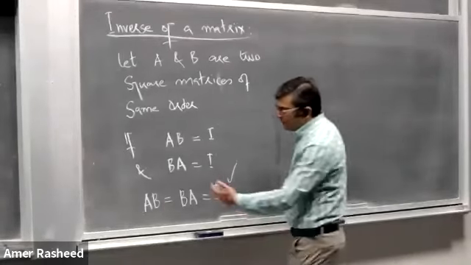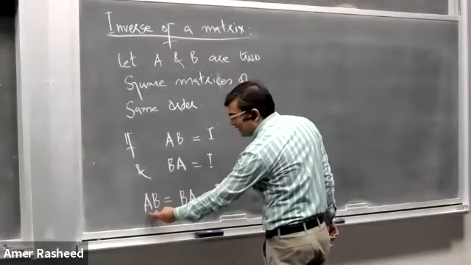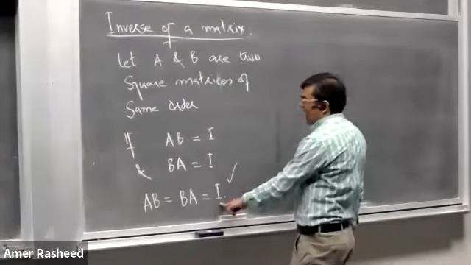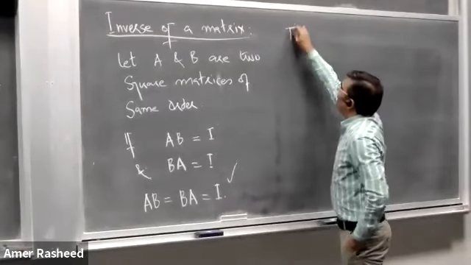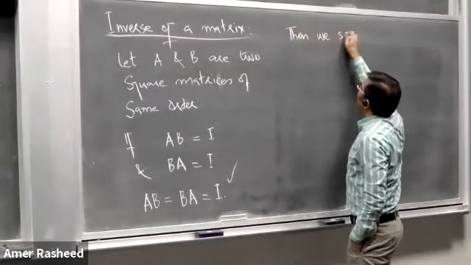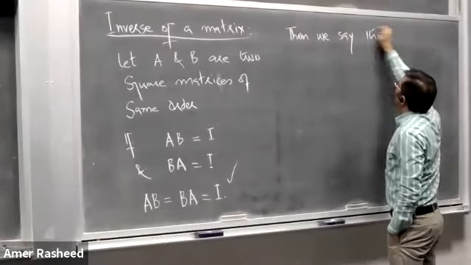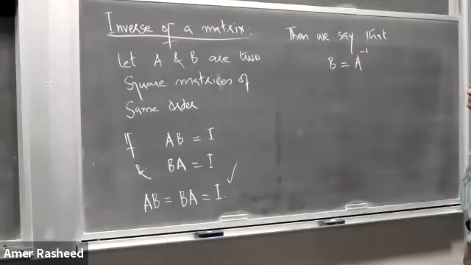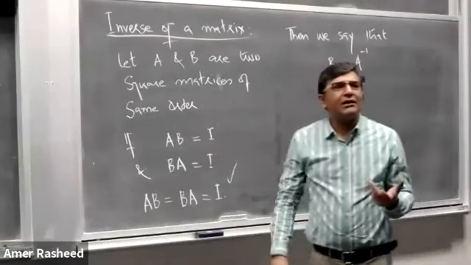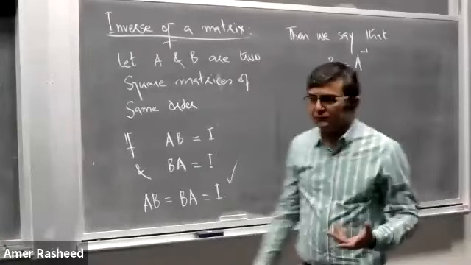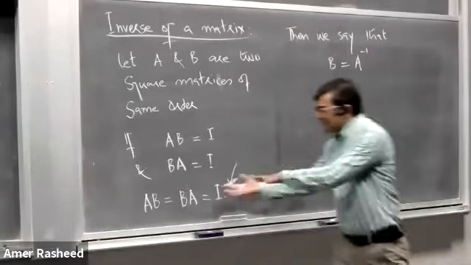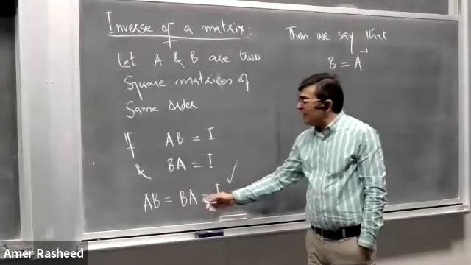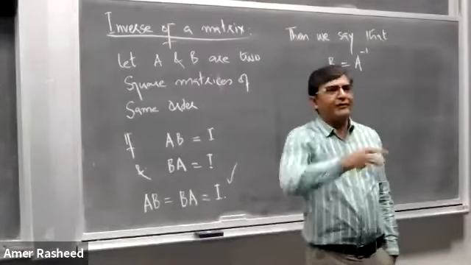what does it mean? If we multiply these two matrices, either AB or BA, the resultant matrix should be the identity matrix. Then we say that B is equal to A inverse. B is the inverse of the matrix A. If the product from either side is the identity matrix, then they both are inverses of each other.